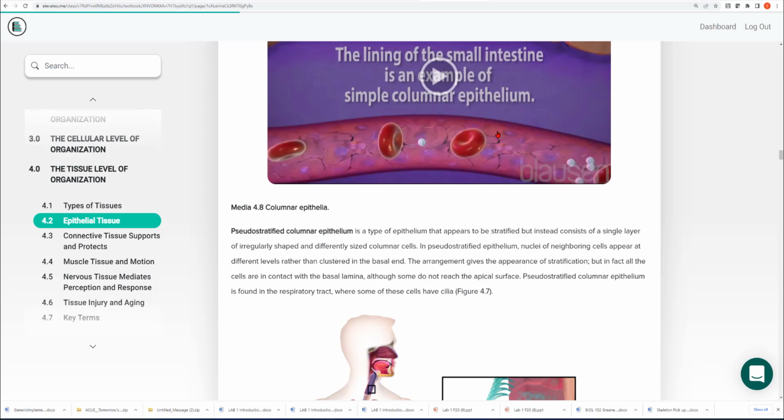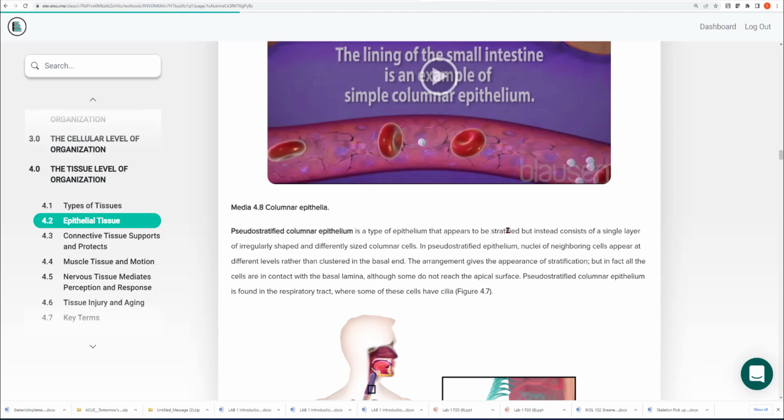So in addition to simple squamous, simple columnar, and simple cuboidal, there is that kind of weird type of epithelium called pseudo-stratified columnar epithelium. This is actually a simple epithelium, but it appears to be stratified. So at first glance, it looks to have multiple layers of cells.